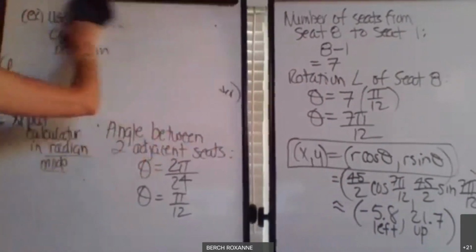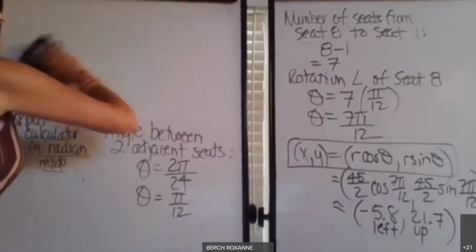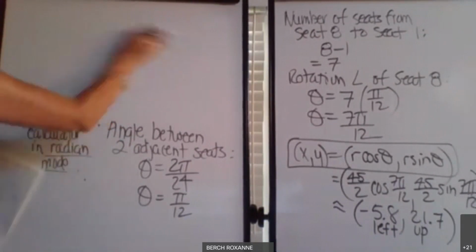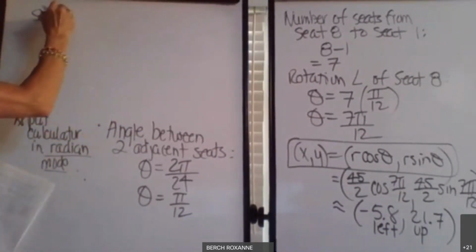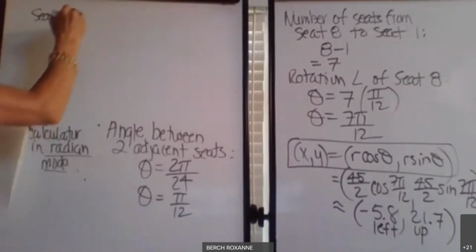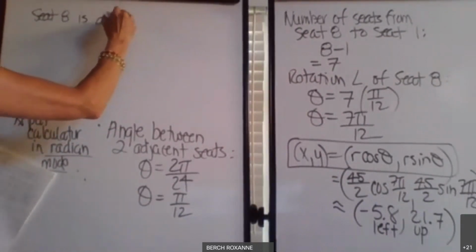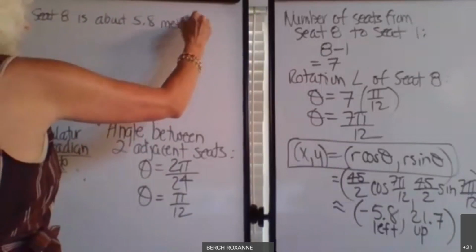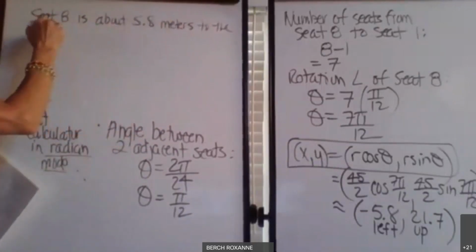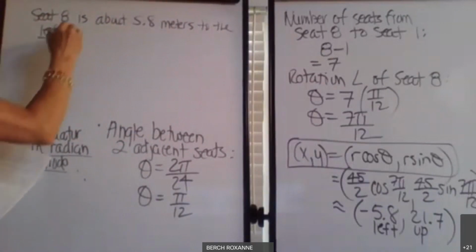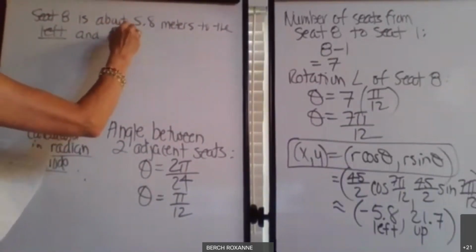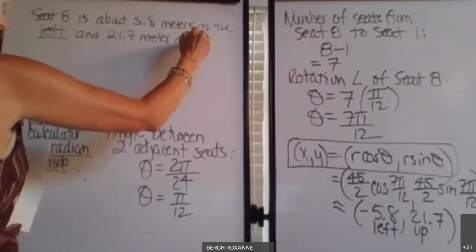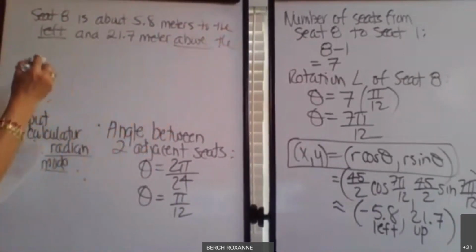So let's write what we found. Seat 8 is about 5.8 meters to the left and 21.7 meters above the center of the wheel.